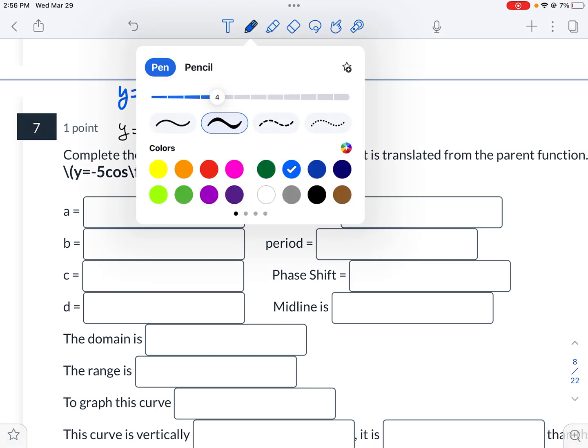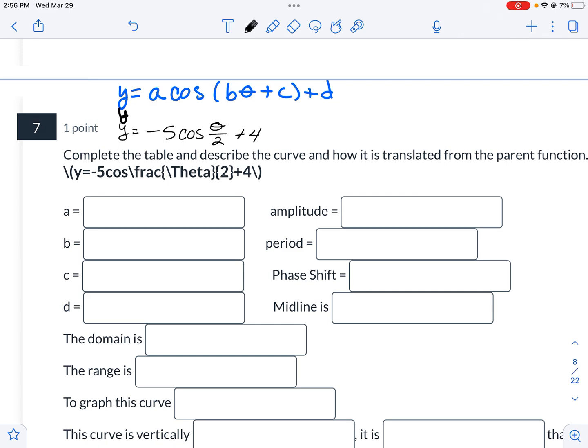The equation is y equals -5 cosine 1/2 of theta and 0 and 4. That is the rule. The domain is -infinity to infinity. And this is the negative cosine curve.